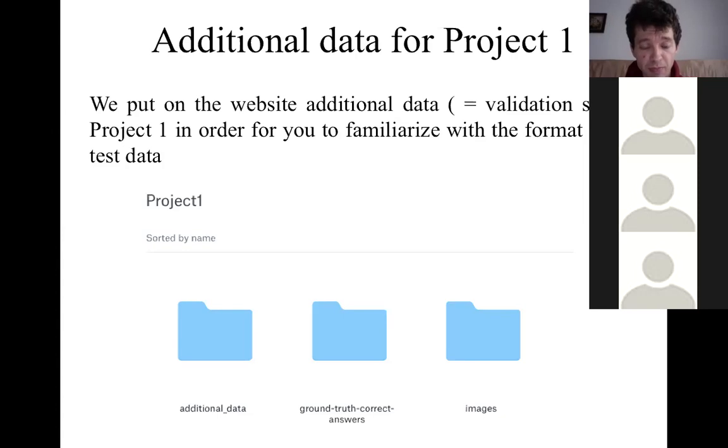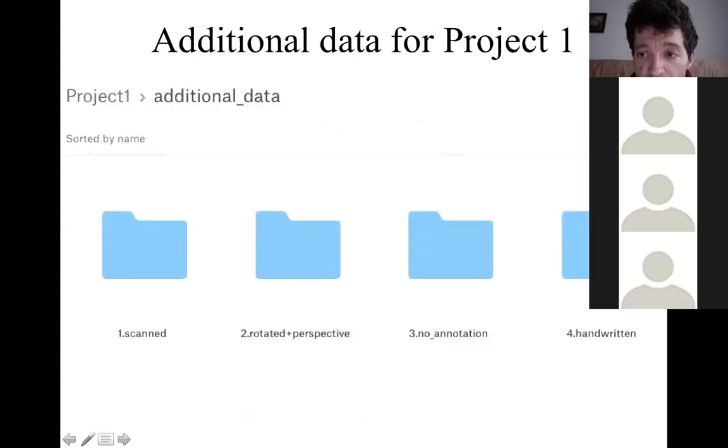So if you look at the data, there is another folder there, additional data, that consists of 4 folders. These 4 folders have files that correspond to the image formats I was talking about in lecture 4.